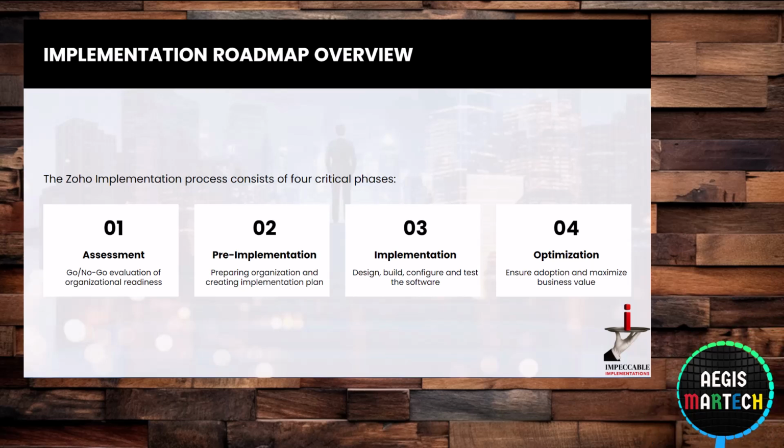And phase 4, which is often overlooked but is a critical and very important phase, is the optimization phase. This is where you ensure adoption, maximize the business value, and make sure that you're getting the benefit from the implementation project that you intended to get in the first place.